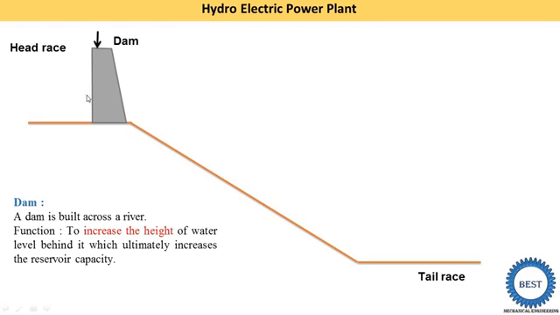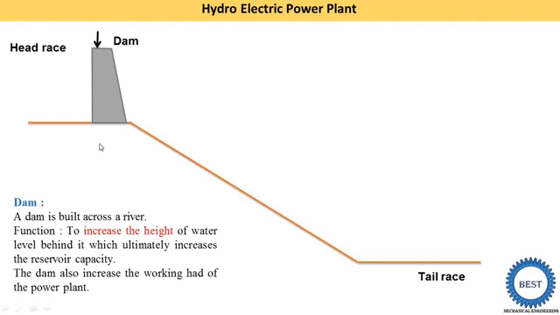Means we construct the dam, then the water level is increased behind the dam, and this water is used to produce electric power. The dam also increases the reservoir capacity, and it also increases the working head of the power plant. The dam is generally made from concrete. Okay, so the dam is generally constructed using concrete.